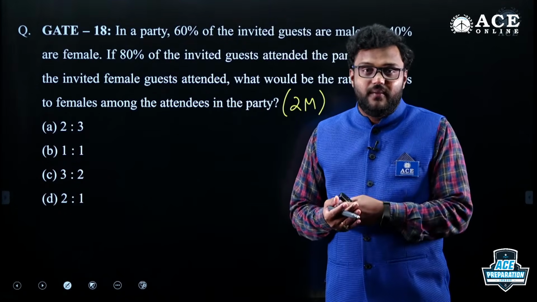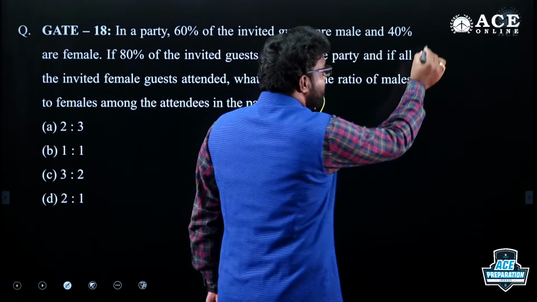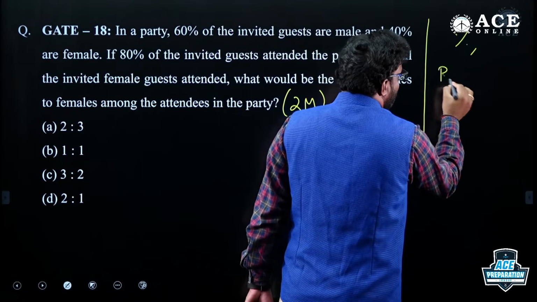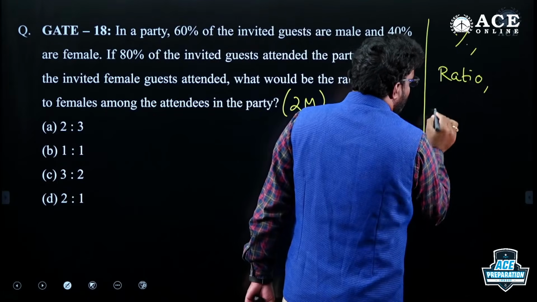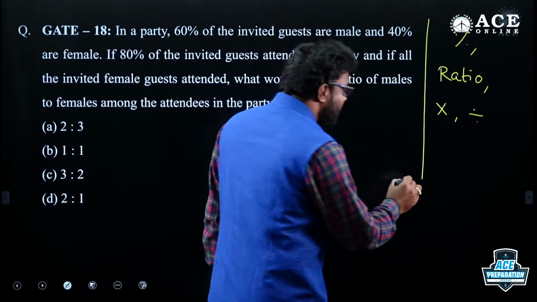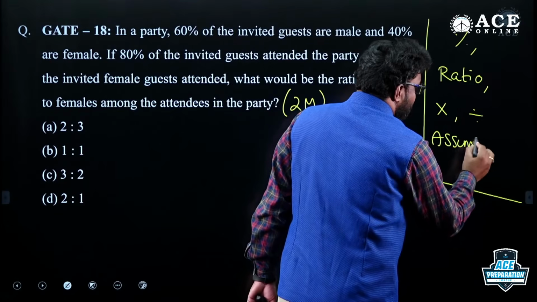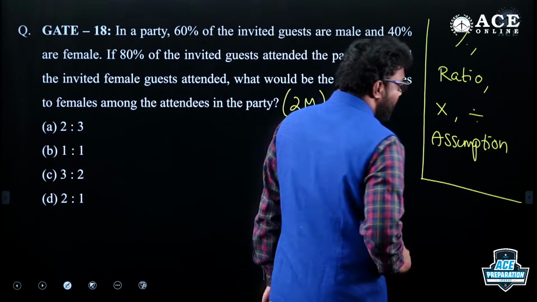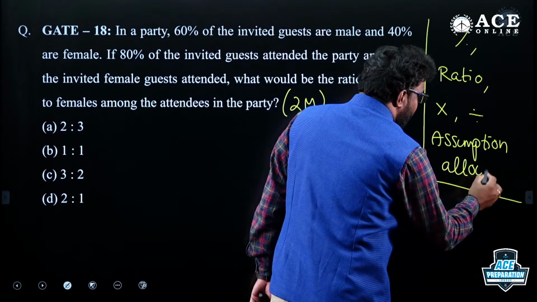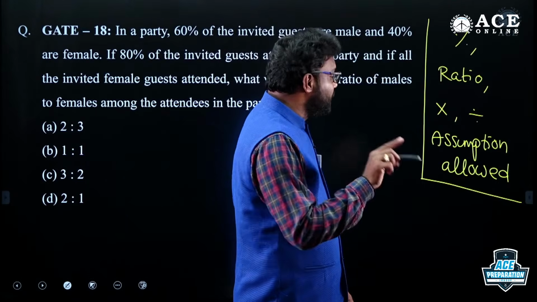We can assume the unknown, but when is assumption allowed? In a question, if it is all about percentages, or all about ratios, or only multiplication and division are involved, then assumption for an unknown is allowed. If one value is unknown, we can assume that one value, not two or three, only one unknown.